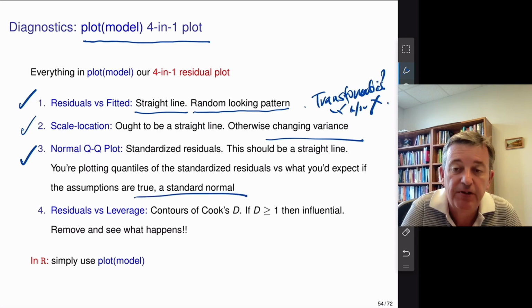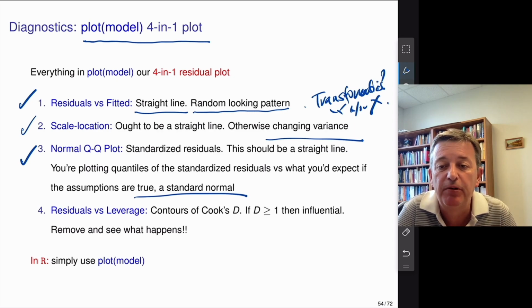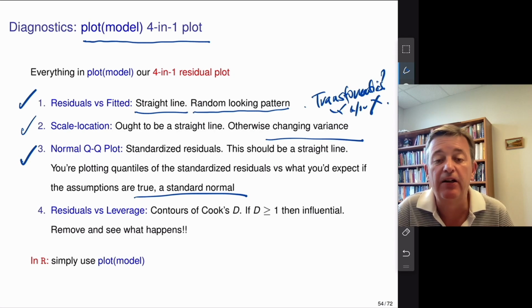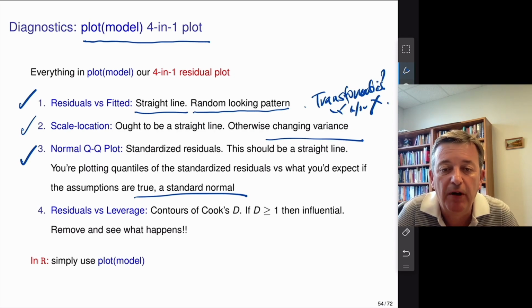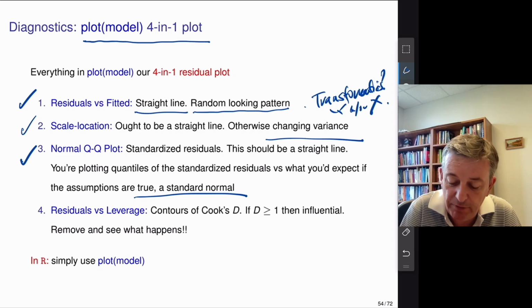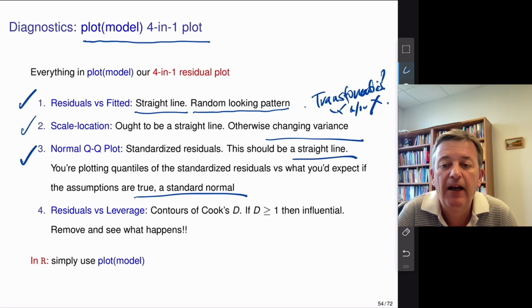And of course, remember, our assumption is that our errors are normally distributed with mean zero variance sigma squared. So standardized would be normal 0, 1. So again, you're looking for a straight line. It's a bit of a finer test than just looking at a histogram. So look at the normal QQ plot.